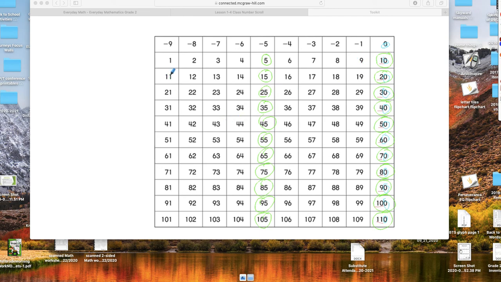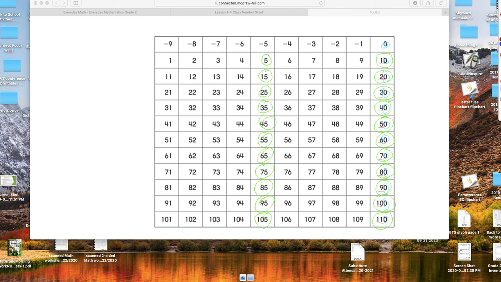Look at the number in the ones place again. 1, 2, 3, 4, 5, 6, 7, 8, 9, 10. And then look over here, the number in the ones place again. 1, 2, 3, 4, 5, 6, 7, 8, 9, 10. I'm just counting one more each time, believe it or not, even though the number in the tens place changes.